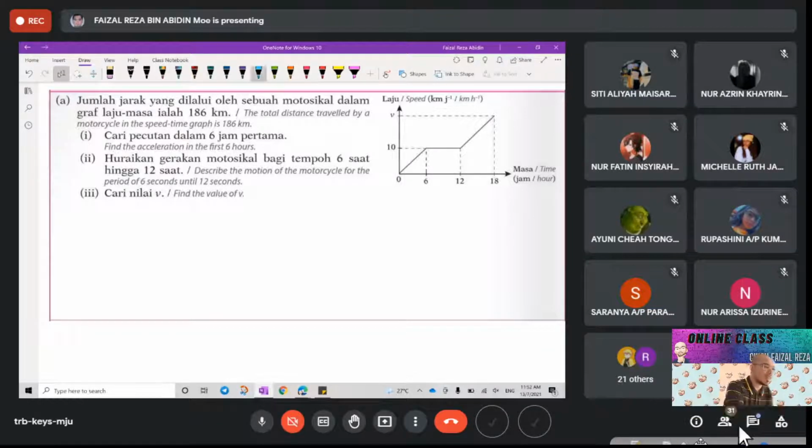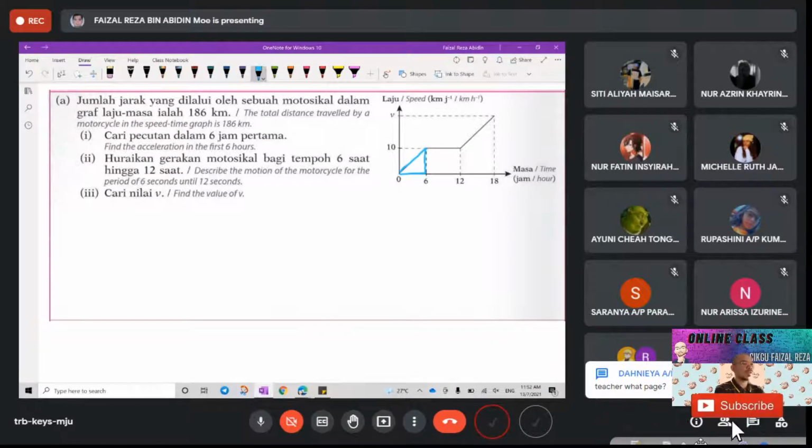How do we find the speed? It's given already, isn't it? So find the acceleration there. How to find the acceleration?